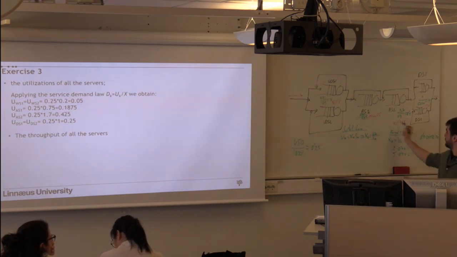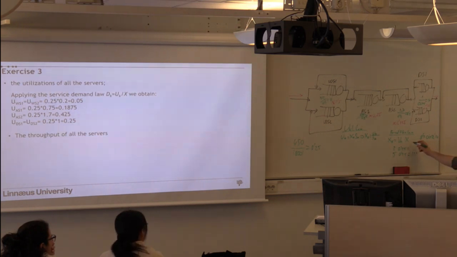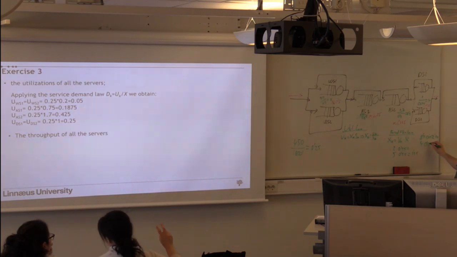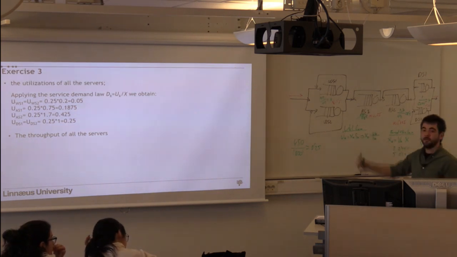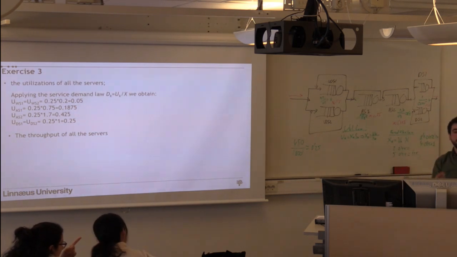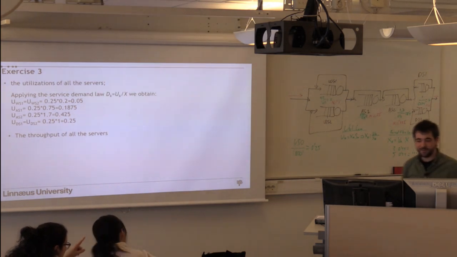So the same as this. And for the databases, number of visits are 4, and the system throughput 0.25, so this is 1, which is the same as we obtained from the other path. So they are coherent, and with this we finish today.